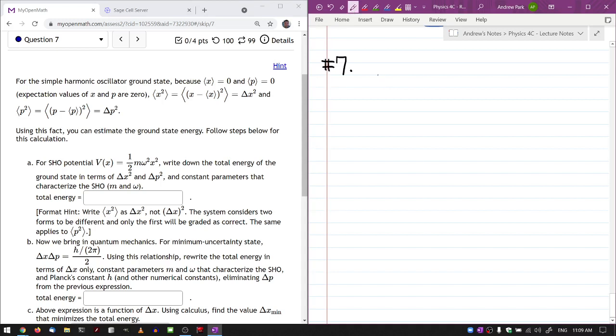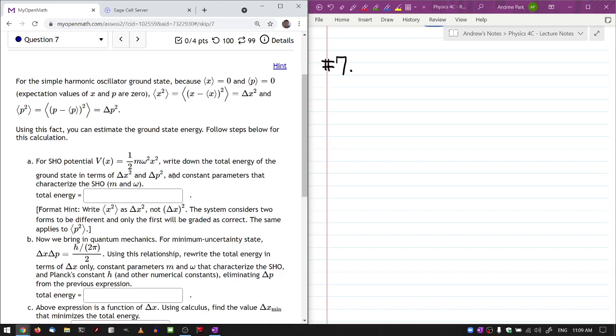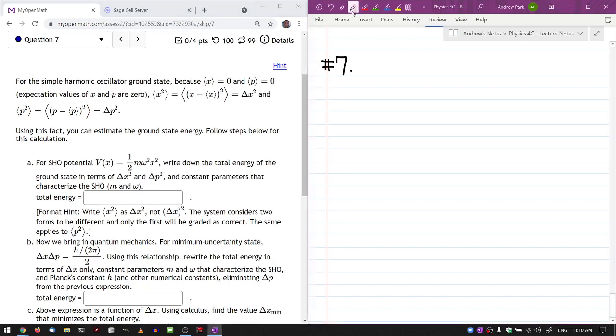It says to write down the total energy of the ground state in terms of delta x squared and delta p squared. All right, let me do this first. Let's say we have the ground state wave function psi naught of x.